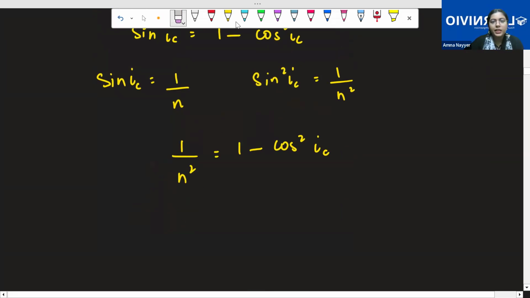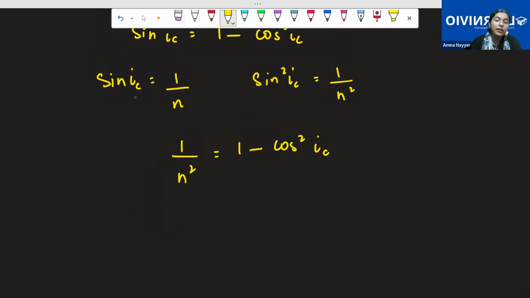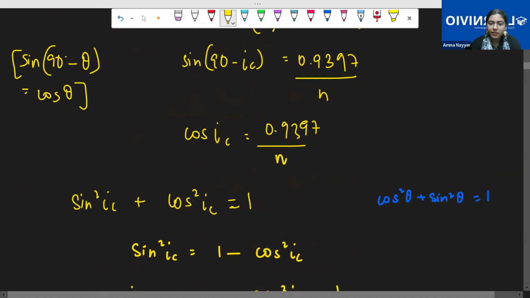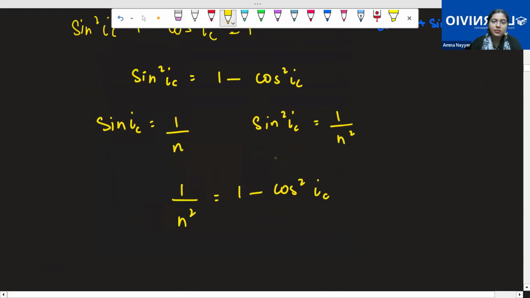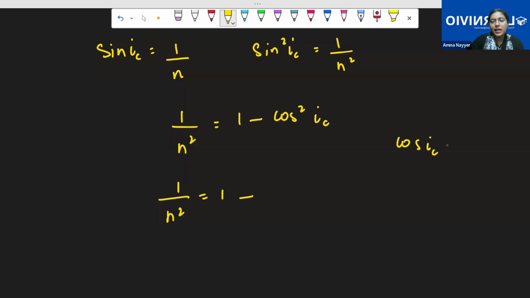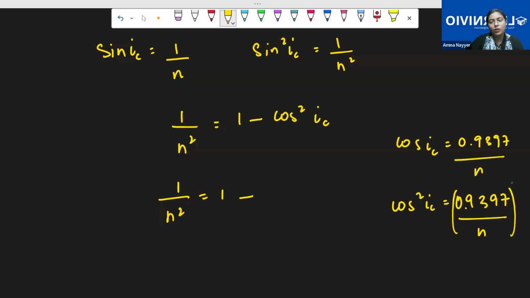Cos IC's value we've already kept here: 0.9397 by n. So cos square IC will be 1 minus sine square IC, which is equal to the square of this term, 0.9397 by n whole square.